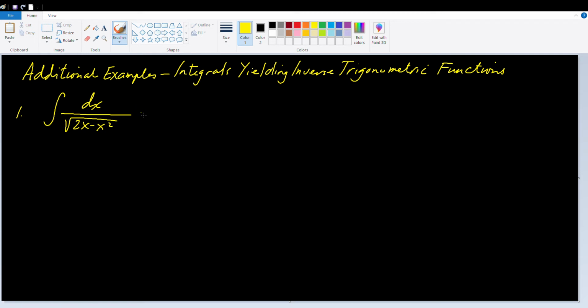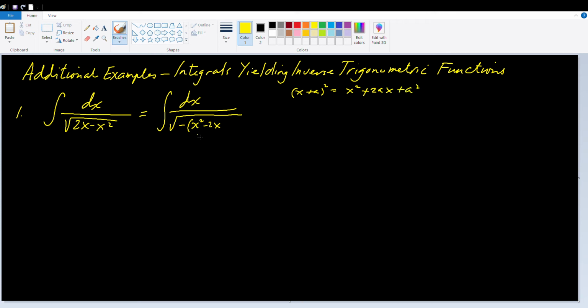But first, let us factor -1 in the radicand. So negative quantity x squared minus 2x. Recall that x plus a squared is equal to x squared plus 2ax plus a squared.